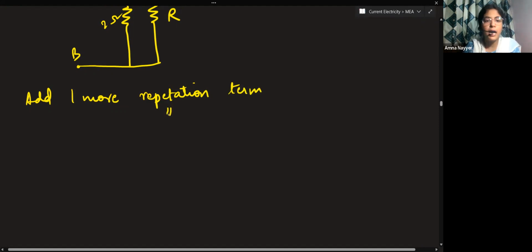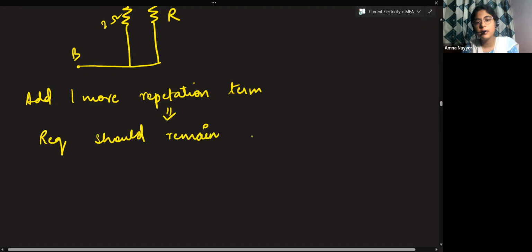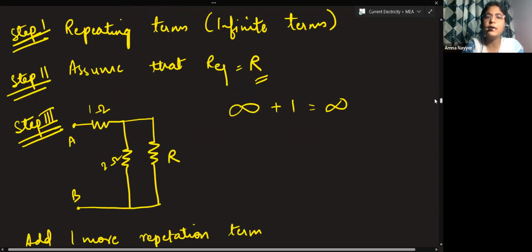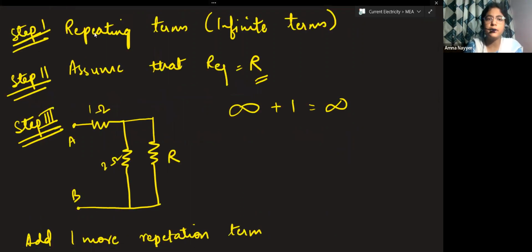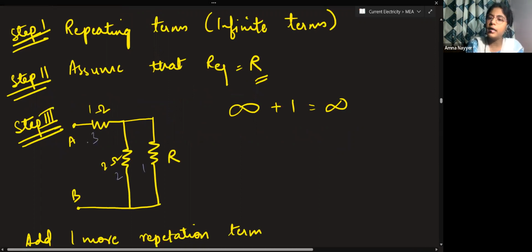So now I'm considering these as 3 independent resistors. This is 1, this is 2, this is 3. 3 resistors I have. Now I have to solve this circuit.